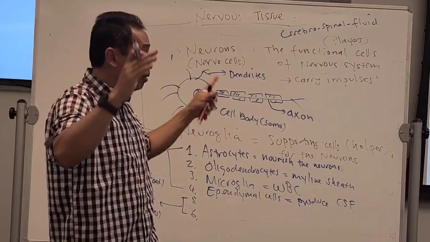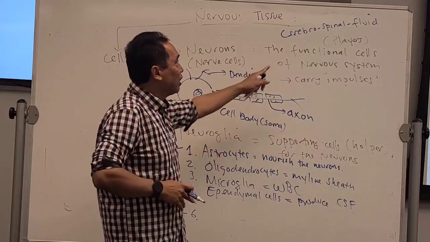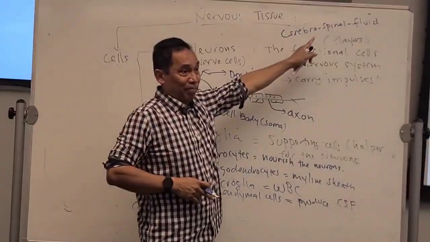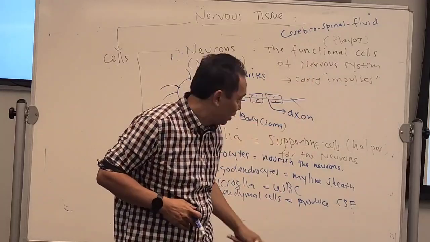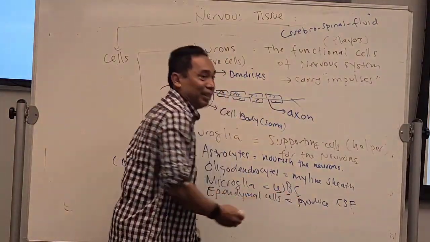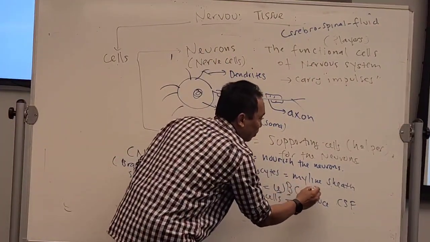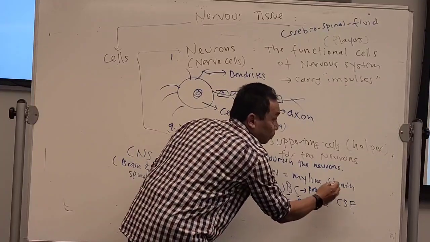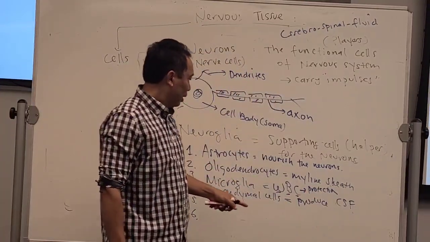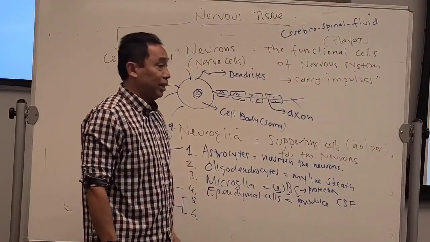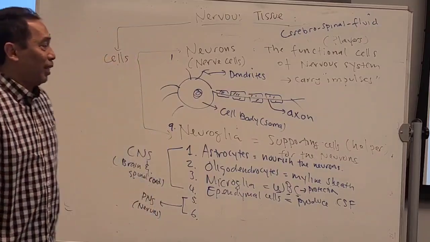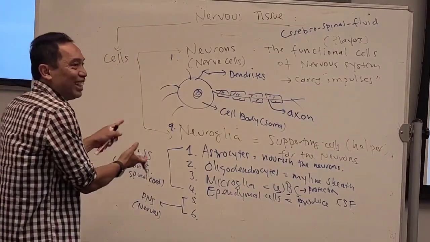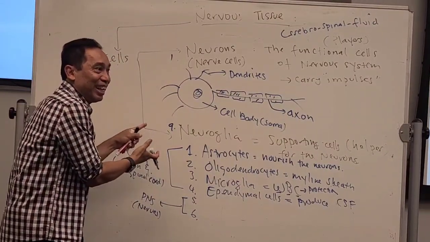Your spinal cord is protected by fluid. That fluid is called the CSF. Ependymal cell. Alright. That's 4 of them in the CNS.